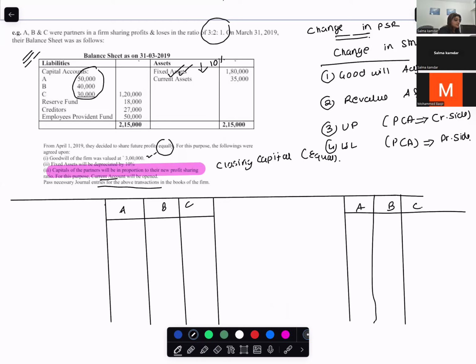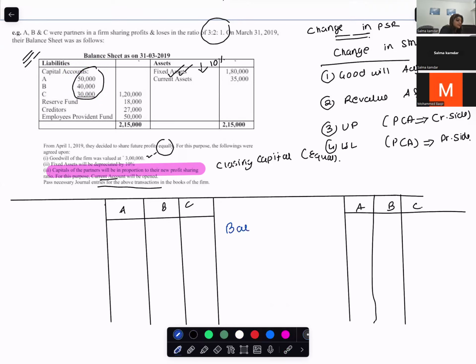Partners' capital. Which capital is that? This is the opening capital.